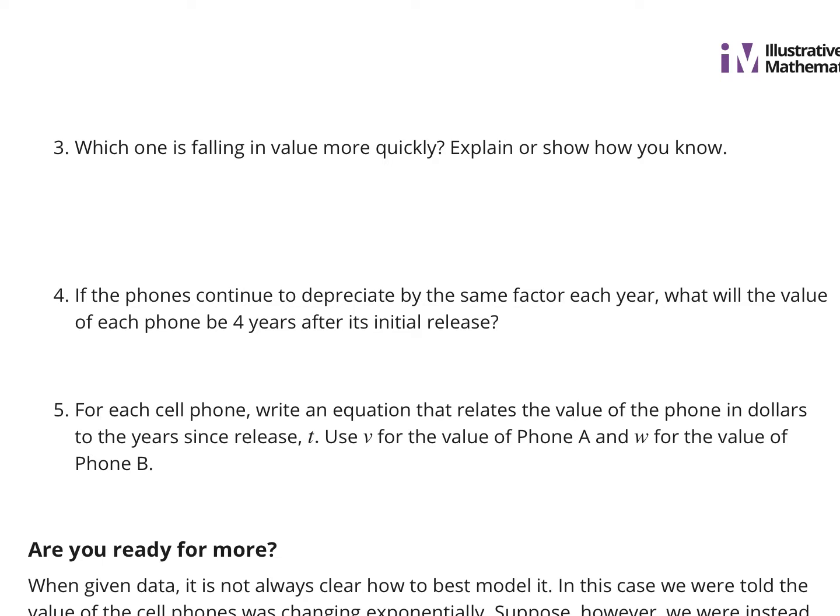So that means we have a loss of 400 out of 1,000, which is 2/5, or 40%. So we see that in the first year, the phone is 40% of the original value.